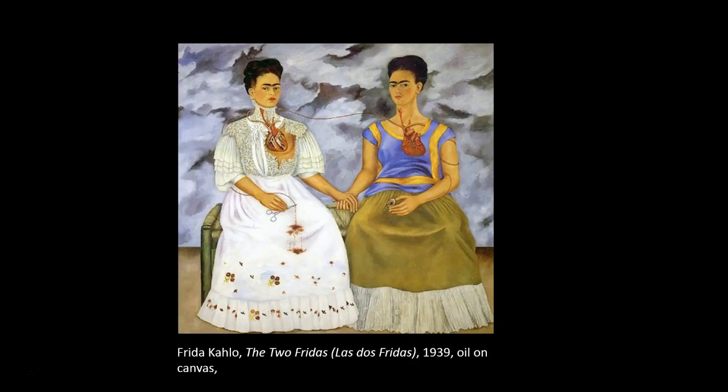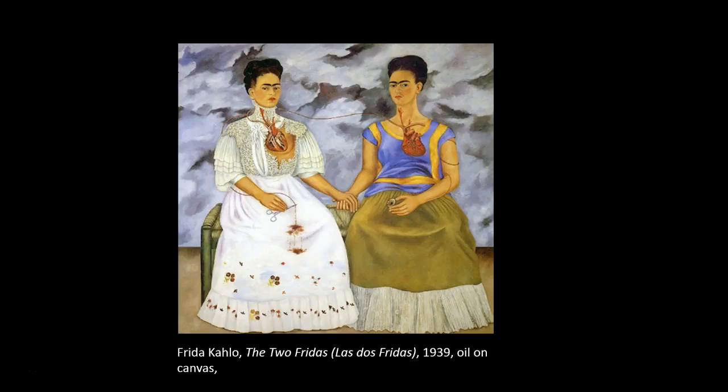The clothing that she chooses to represent herself in is a very important issue in a lot of her work. This is the year that she was divorced from Diego Rivera, a Mexican muralist painter that we'll be looking at later.